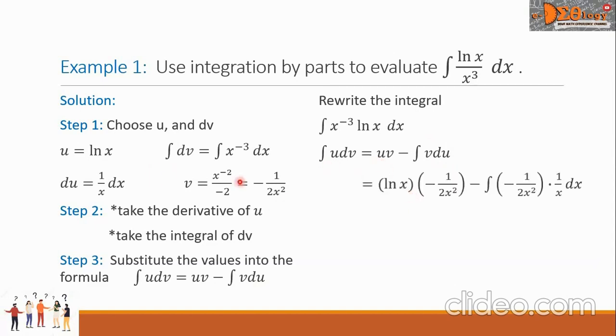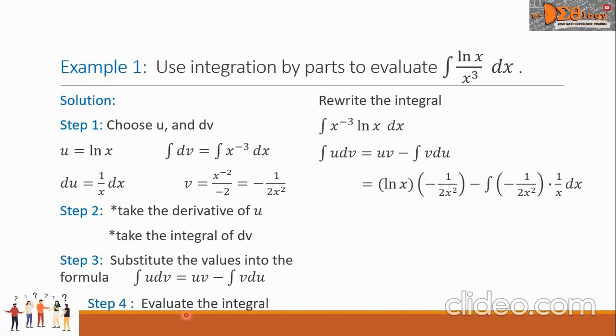So the u is now the ln x, and the v is replaced by this negative 1 over 2x squared. Then minus the integral of v, we now replaced by negative 1 over 2x squared times the du. Our du here is 1 over x dx, and we copy this value in here.